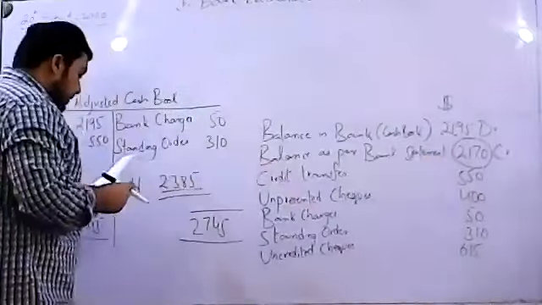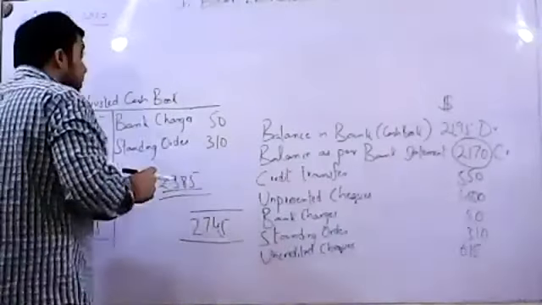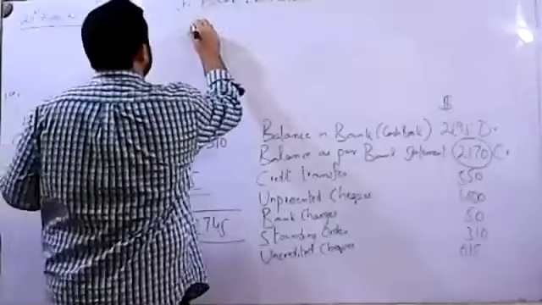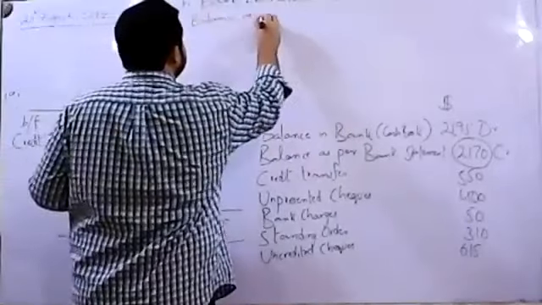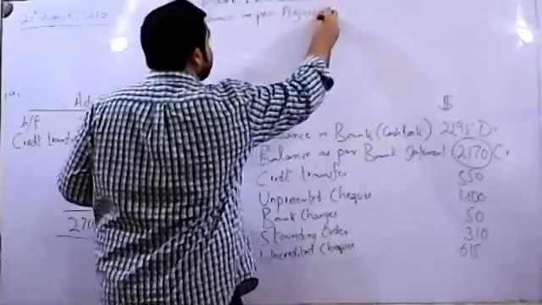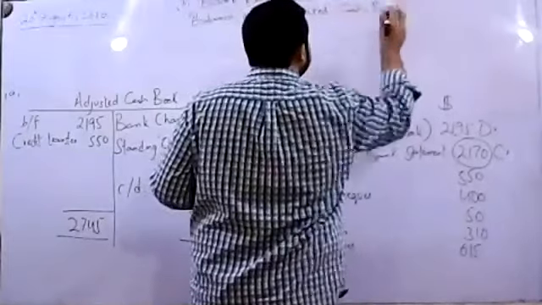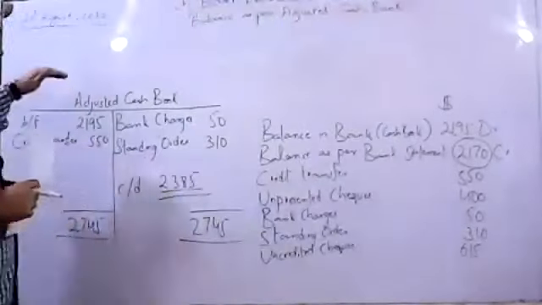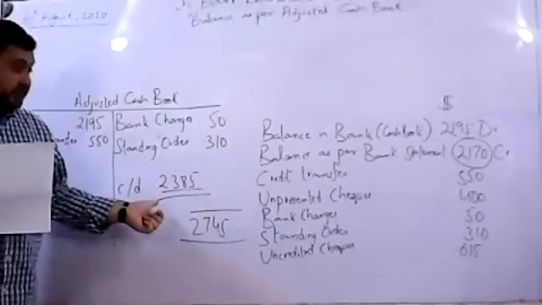Now let's have a look at it. It starts with the balance as per adjusted cash book. Now, what is the balance as per adjusted cash book? This is the balance that we calculated in the adjusted cash book.